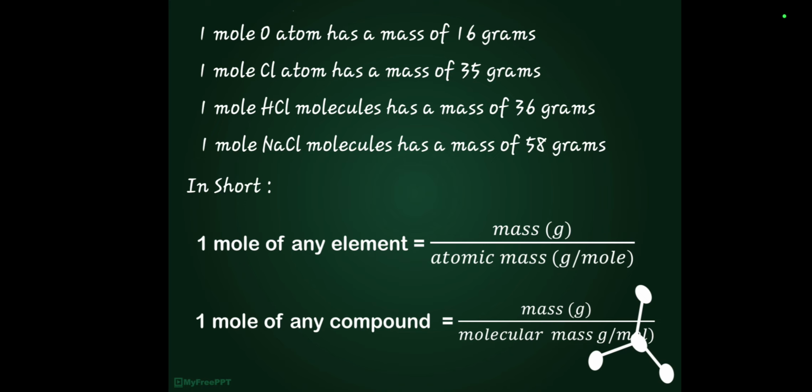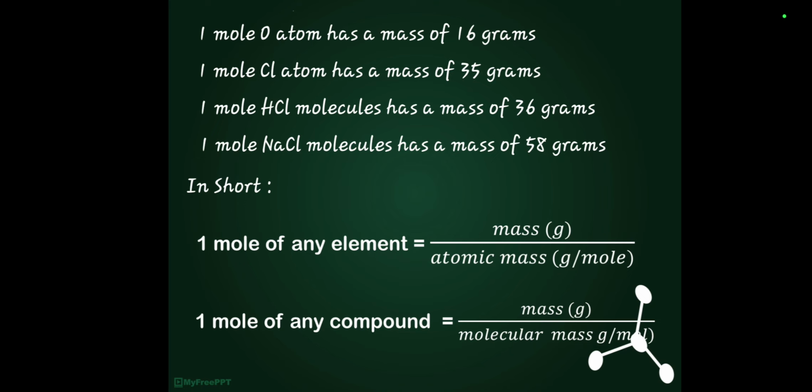The element here is oxygen, and you can get its atomic weight in the periodic table. I hope all of you have a periodic table. The atomic weight of oxygen is 16 grams. And 1 mole of chlorine atom has a mass of 35 grams. The same, look for the atomic weight of chlorine, and it is 35 grams.